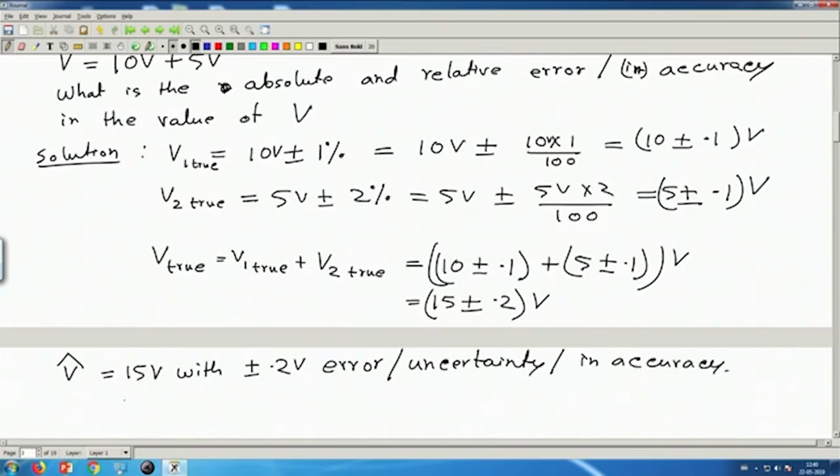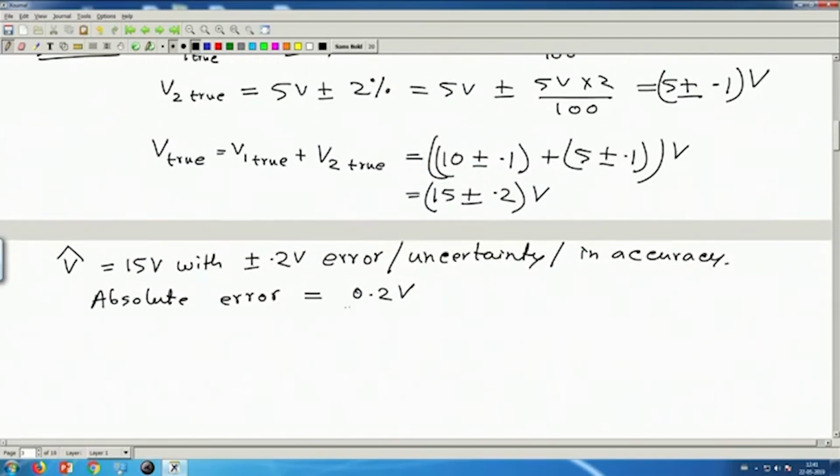Okay. So absolute error is therefore 0.2 volt. Ignoring the sign, this is 0.2 volt. And relative error will be 0.2 volt, now, so I am dividing it with 15.